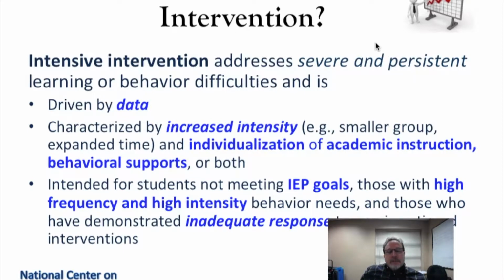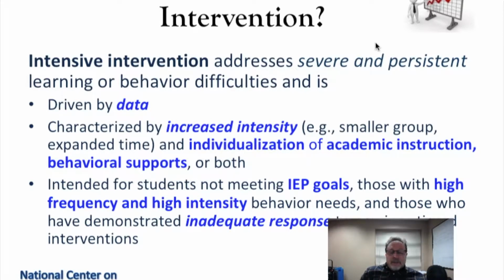But it's characterized by really increased intensity, either smaller groups for a greater deal of time at Tier 3 that really focus in on just a small number of kids, two or three, and provide very direct instructional support, or individualization of behavioral supports for students that present with our most challenging difficulties.